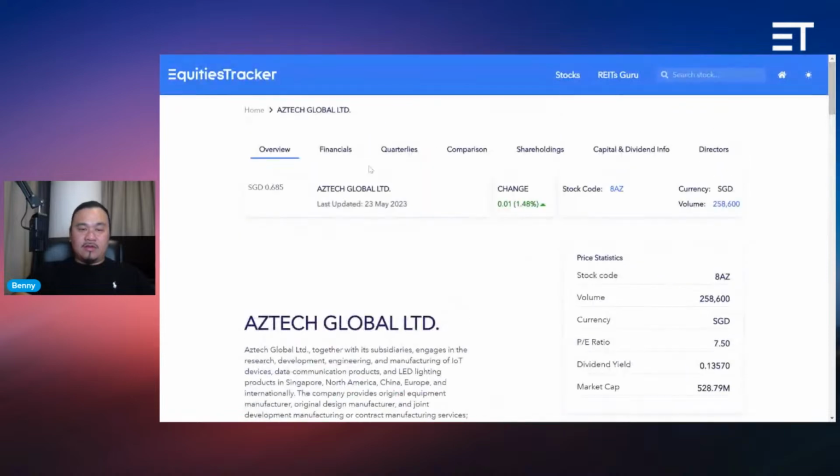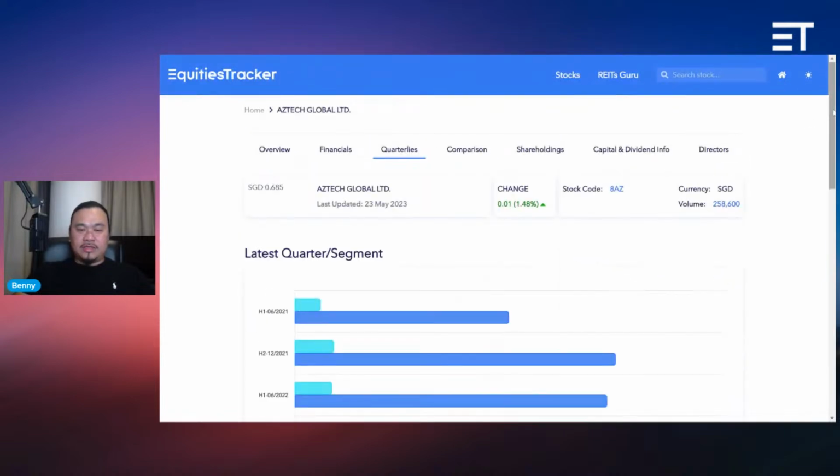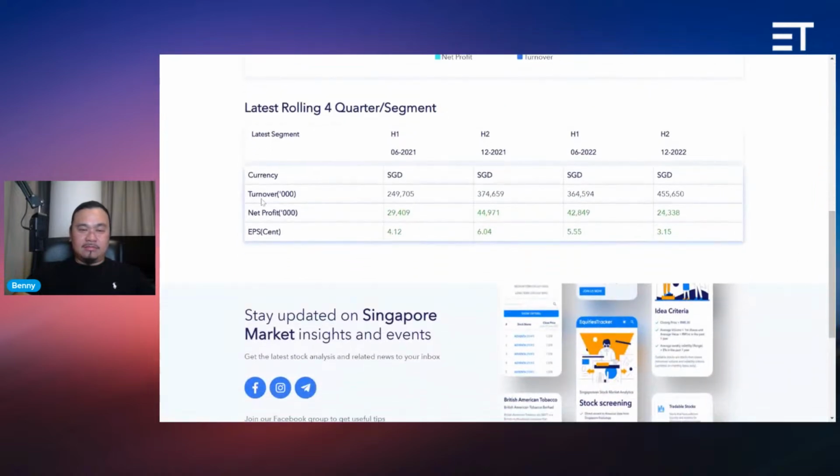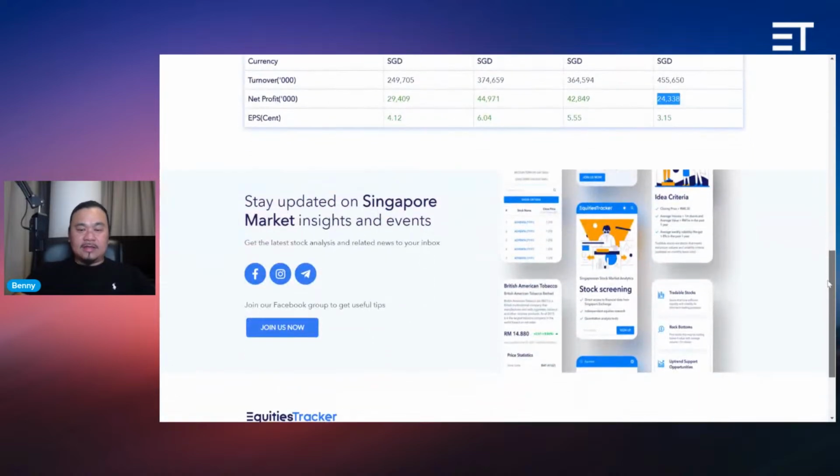Now you can look at the quarterlies, for example, to see why actually price came down. Okay, yeah, of course, based on the second half, which is December 2022, value turnover is actually quite okay. Net profit has also declined a little bit. The net profit on the previous quarter was 42 million, but it's gone down to 34, and that probably explains why the share prices has come down, right?